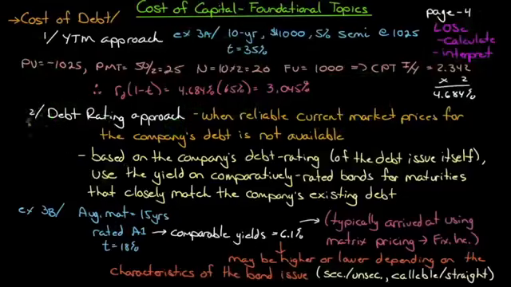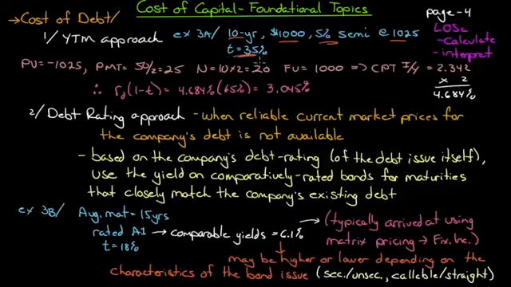Example 3A shows an application of the yield to maturity approach. Plenty of this in fixed income, so I don't think we have to dive deep on this. 10-year bond, $1,000 face value, 5% semi-annual coupon, selling at $1,025. The company has a marginal tax rate of 35%. That'll help us figure out our after-tax cost of debt.